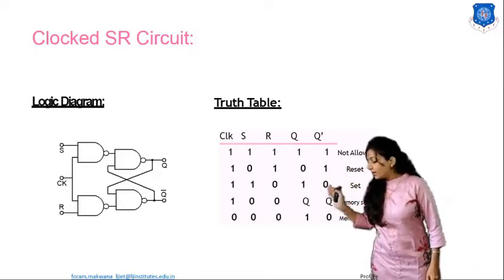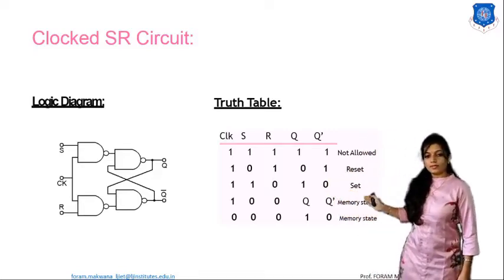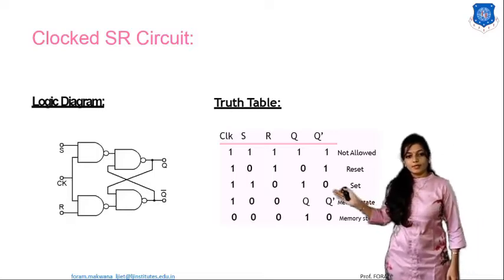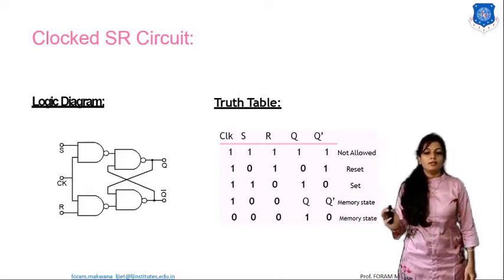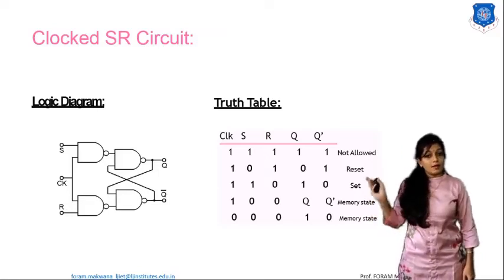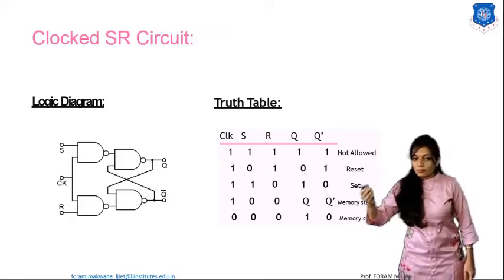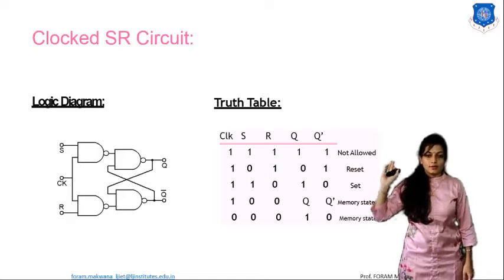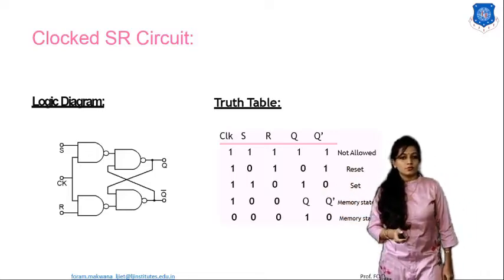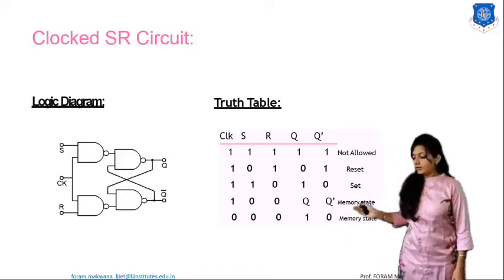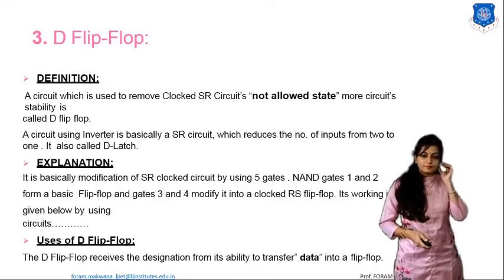S equal to 1, R equal to 0, the flip-flop is set. And when clock is equal to 0, my flip-flop will be in the memory state, whatever may be the state of S and R. Alright? And if the clock is equal to 1, but S and R are both 0, 0, it is also in the memory state.